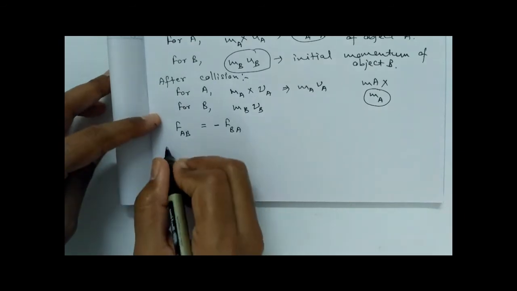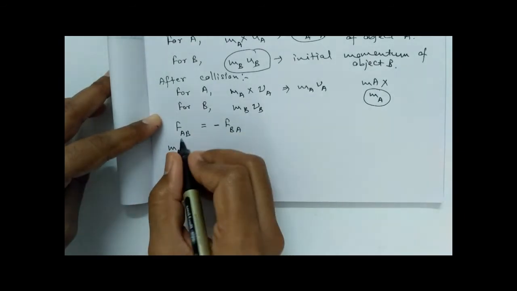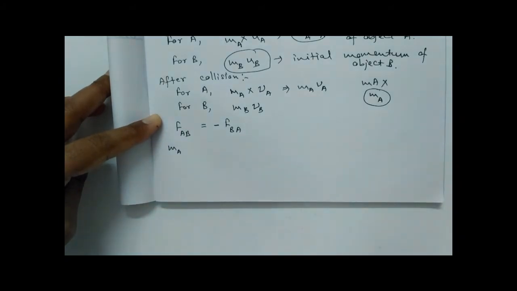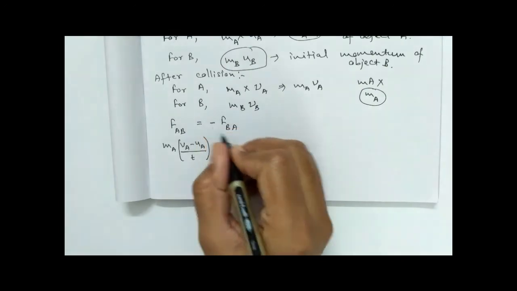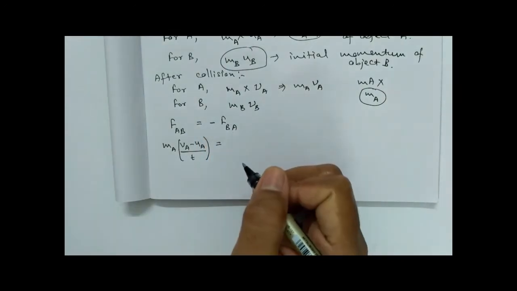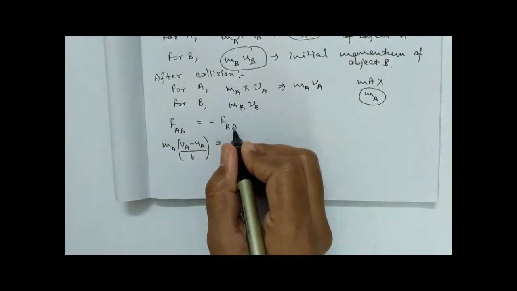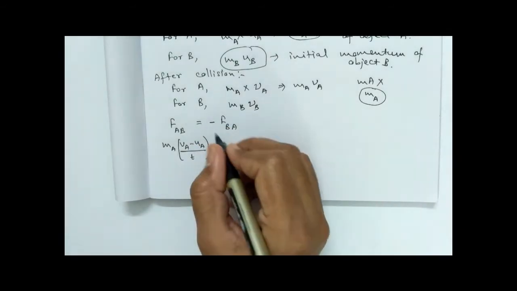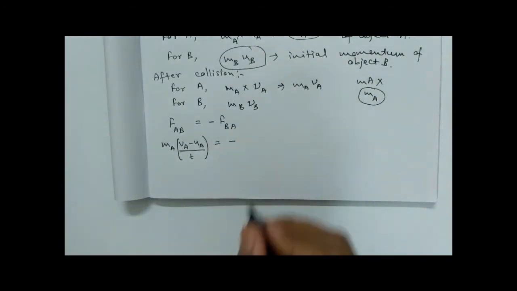We know the force is rate of change of momentum. So it will be MA... Now this will be the force exerted by B. So the force exerted by B on A. So this is basically the force exerted by B. So write the value of it.